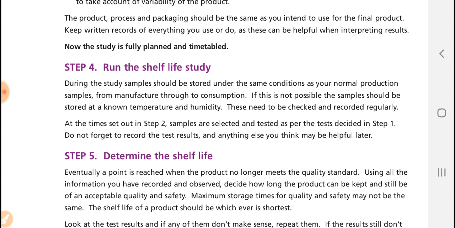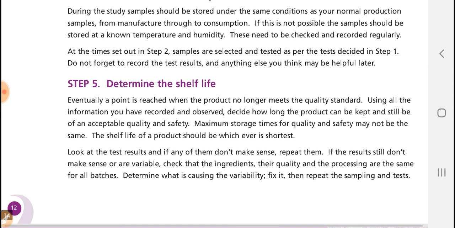These need to be checked and recorded regularly. Regular checks you also have to do at the times set out in step 2. So whatever plan you have made, based upon that you have to conduct the shelf life study at the normal conditions of storage. Then determine the shelf life.